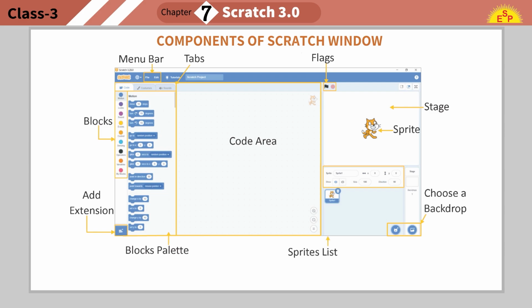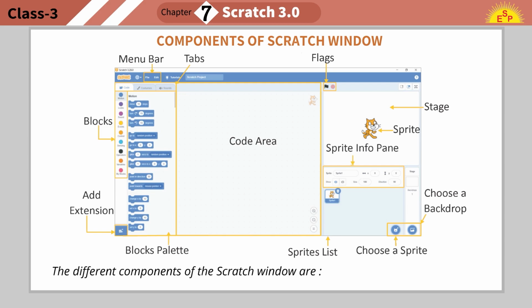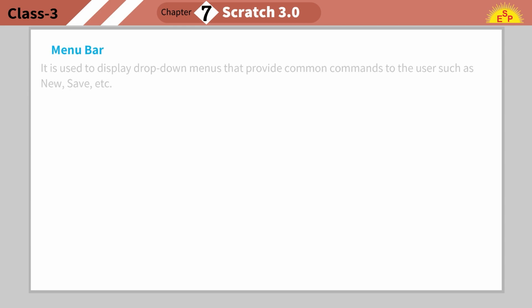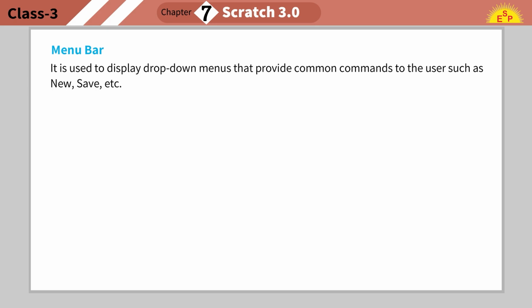Sprites list. Choose a sprite. Sprite info pane. The different components of the Scratch window are menu bar. It is used to display drop-down menus that provide common commands to the user such as new, save, etc.